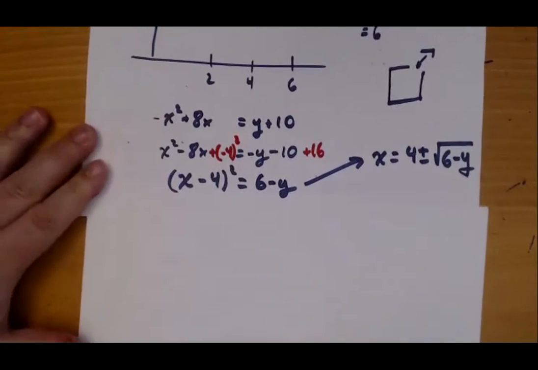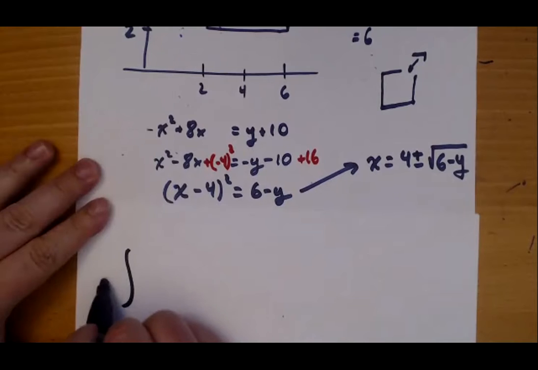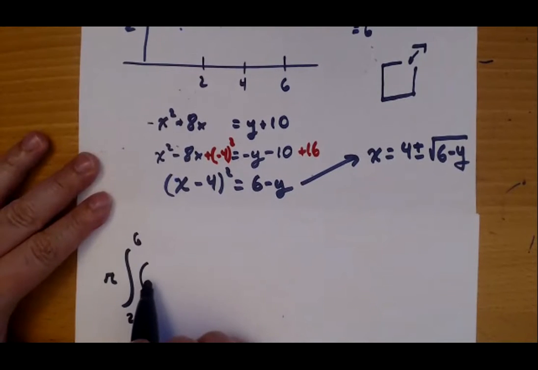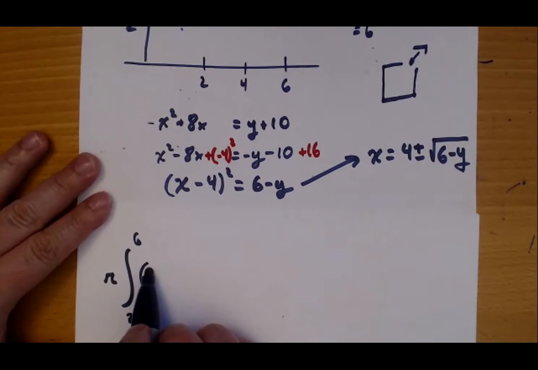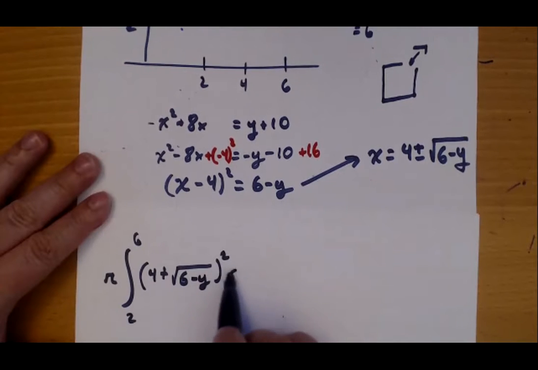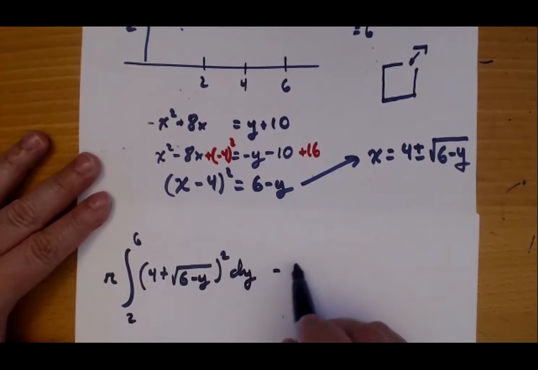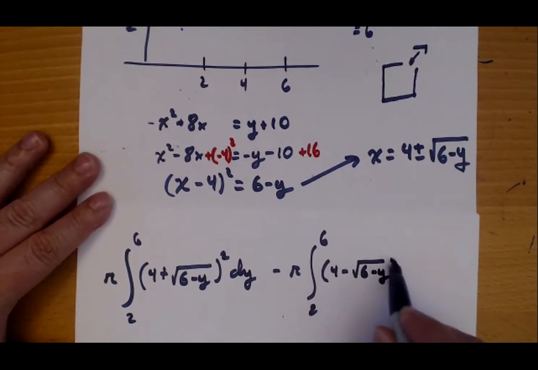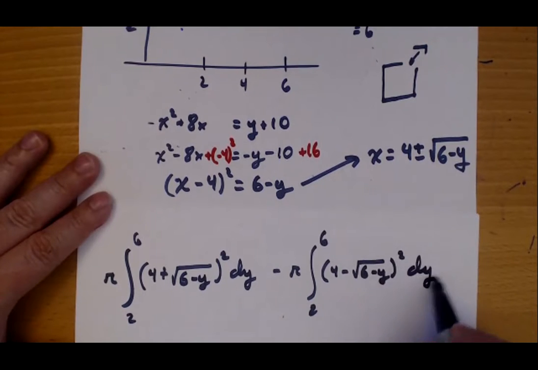Because if we do, from 2 to 6 of 4 plus the square root of 6 minus y, squared, dy, minus pi times the integral from 2 to 6 of 4 minus the square root of 6 minus y, squared, dy.